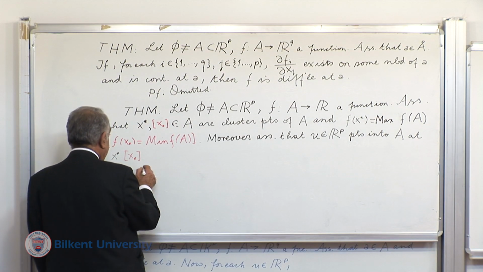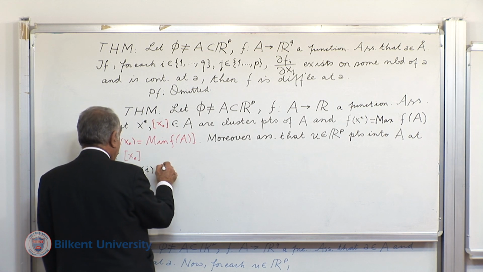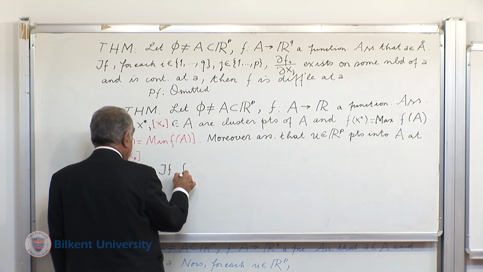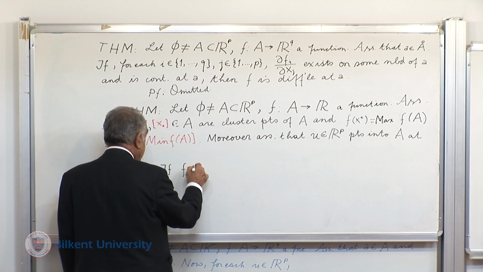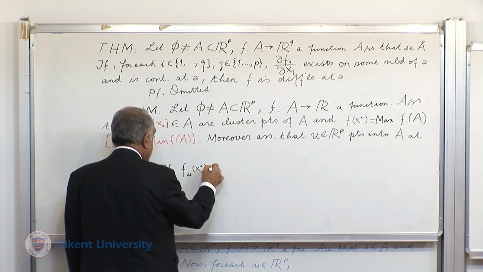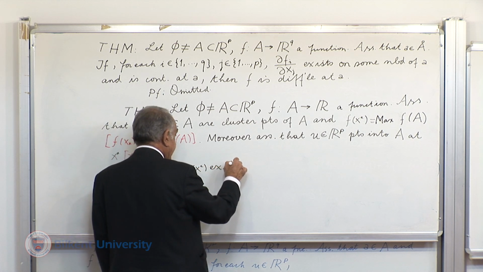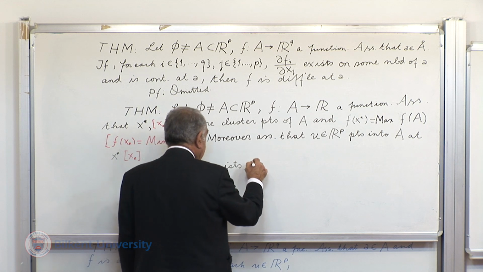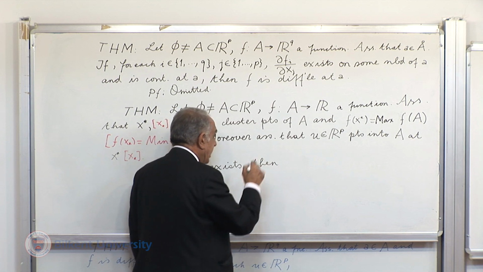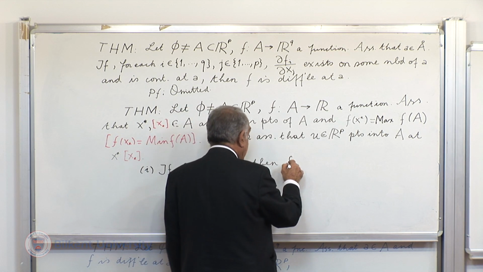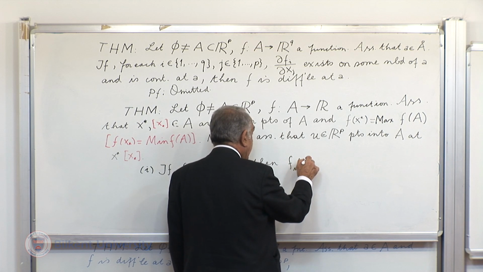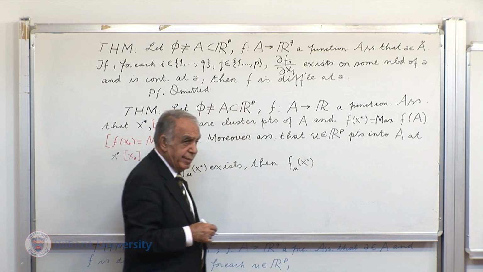Now first, if f sub u at x upper star exists, then what can you tell about f sub u of x star?